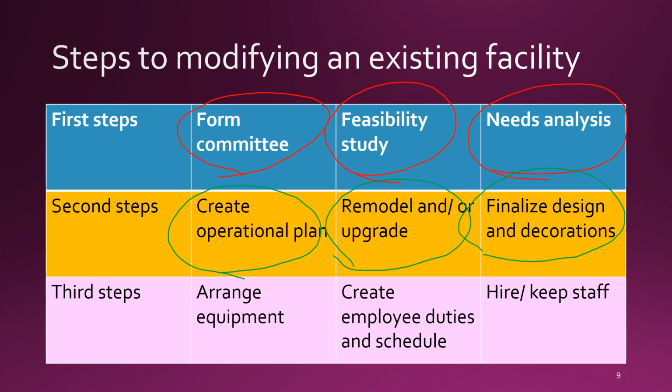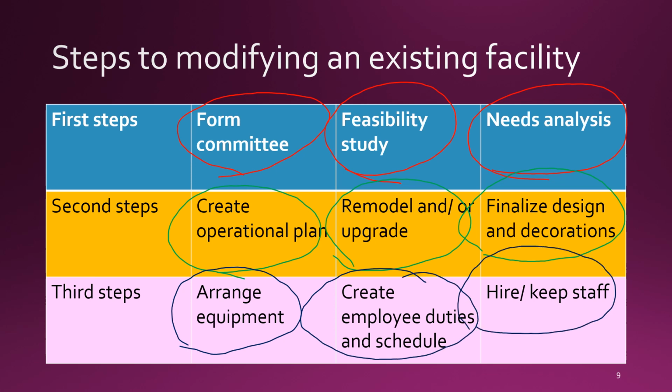Last step in existing modifications of a facility, we want to arrange our equipment in an effective organizational way. We also need to create employee duties and a schedule, and hire and keep staff when necessary.